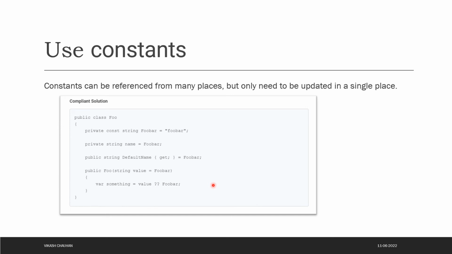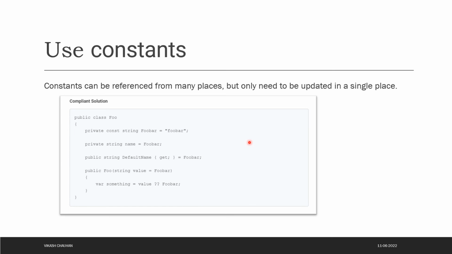This is a good practice: you declare it once and use the same reference at multiple places. In this case there is only one copy of this foo bar variable inside the memory, and the total 4 references we are using at the 4 places apart from this constant variable. So that is also good.